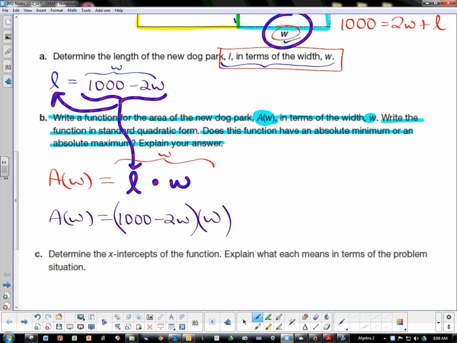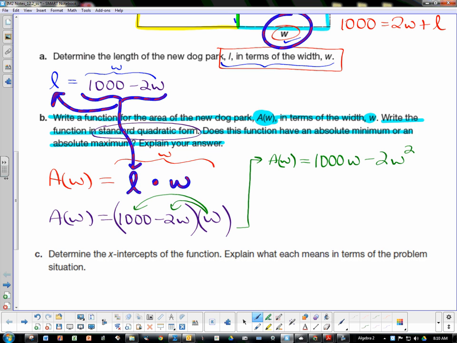Hey, they're requesting something important here, though. What are they requesting? That it's in standard form. Has to be in standard form. So let's just go through and distribute. A of W is equal to W times 1,000 is 1,000 W. W times negative 2W is minus 2W squared.